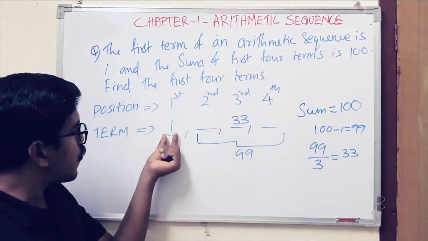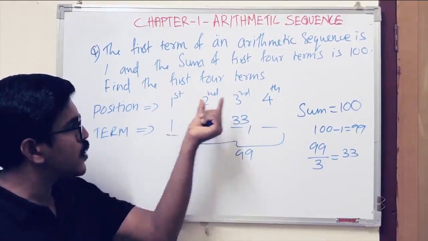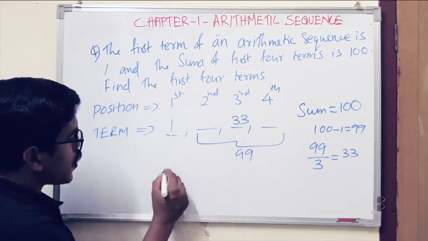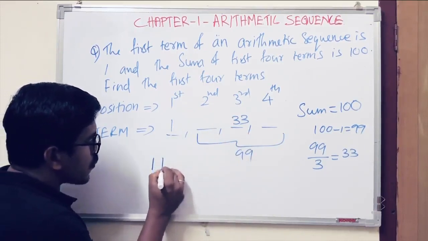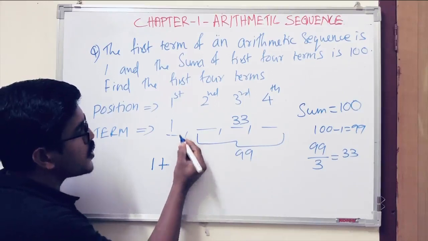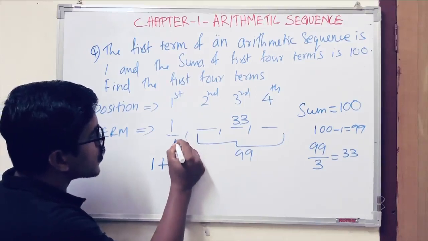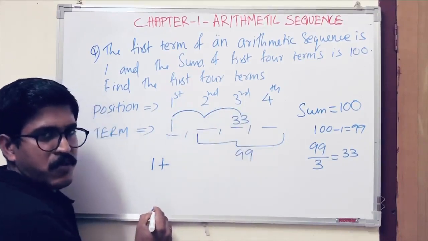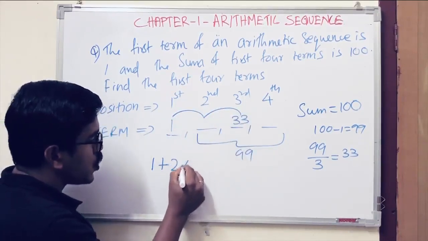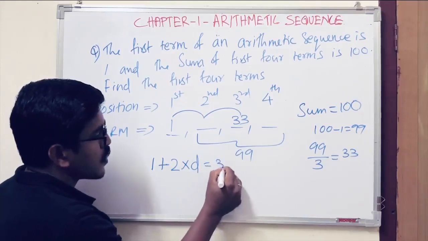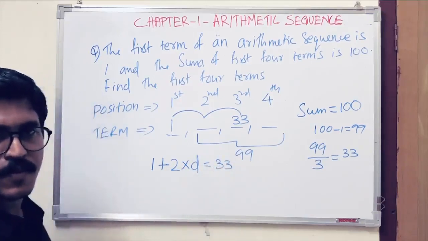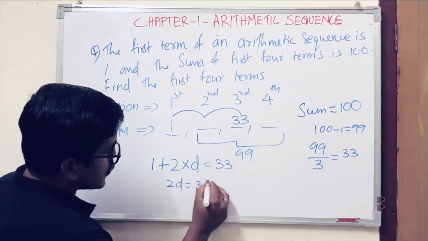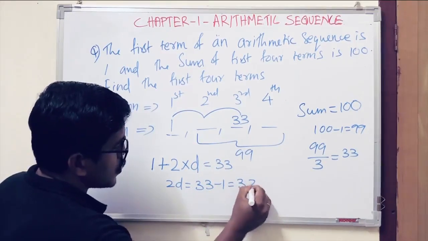Now here you can see the first term is 1, that is given. The third term is 33, that we found. Starting from 1, how many times must the common difference be added to get 33? That is 2 times we need to add. That means 2 into d we can write, then we will get the term 33. So 2d is equal to 33 minus 1, 32.